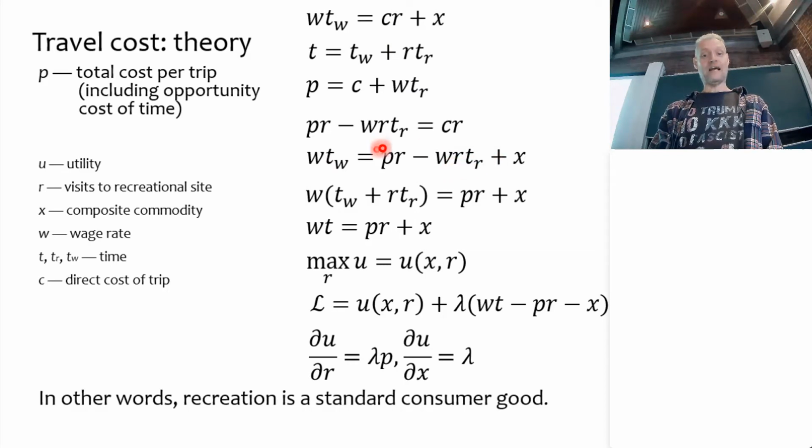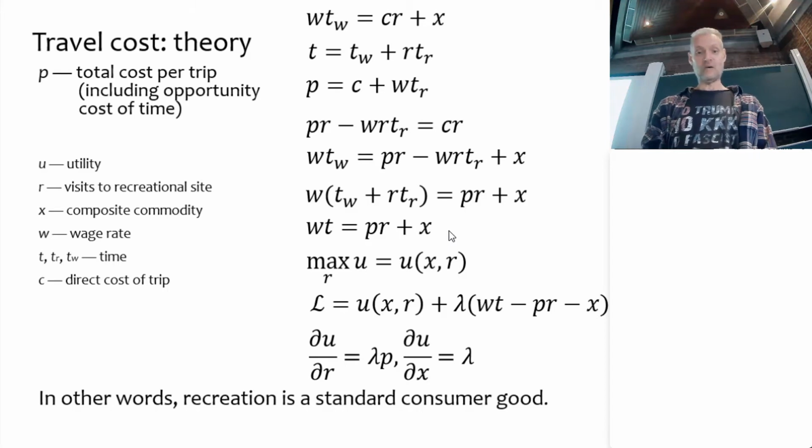We can bring WRT to the other side of the equation and take W outside the brackets to find this expression, still the first constraint. Now, this thing that we have between the brackets, TW plus R TR, that's our time constraint, right? So we can replace this by T.